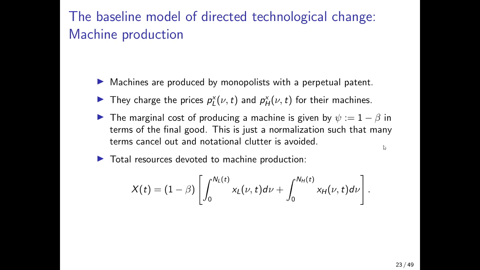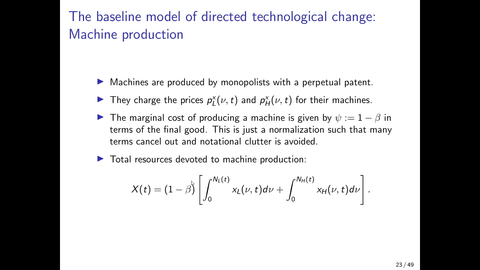Then we can write down the total resources that are devoted to machine production, which is the marginal cost of producing a machine here, 1 minus beta, multiplied by the total amount of machines produced in the economy, which is the machines of each variety, integrated from 0 to NL for the machines suited to low-skilled workers, plus the same for the machines suited to high-skilled workers.